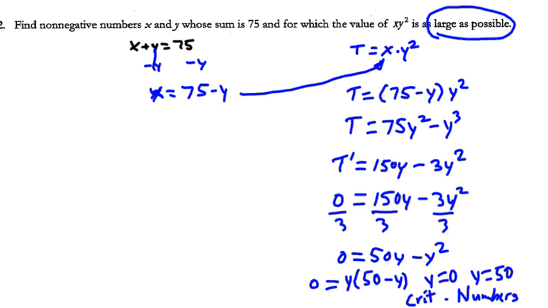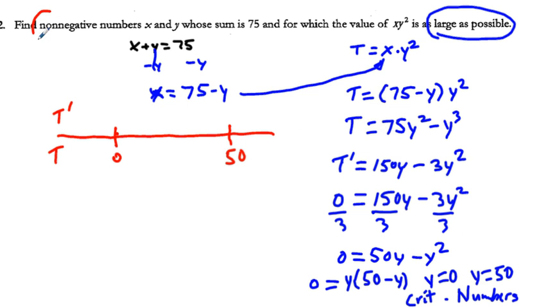And to check this out, we're going to resort to a number line. And we have our critical numbers of 0 here and 50. And we're going to have t prime above this number line and the value of the maximizing function t below. And we're looking at non-negative numbers, so we're not even going to worry about the left of the critical number 0.